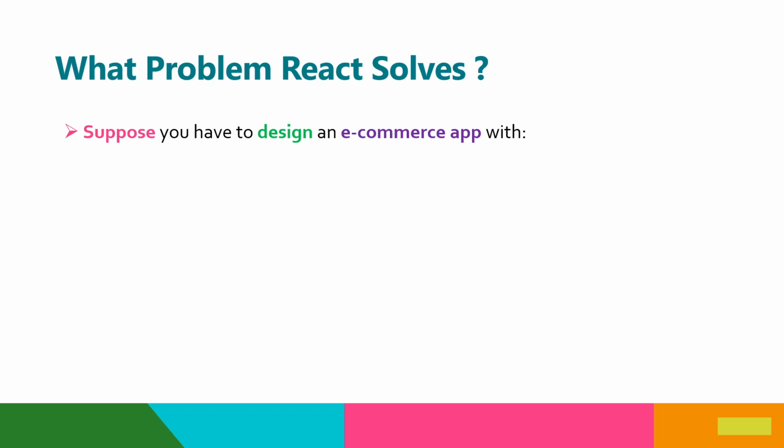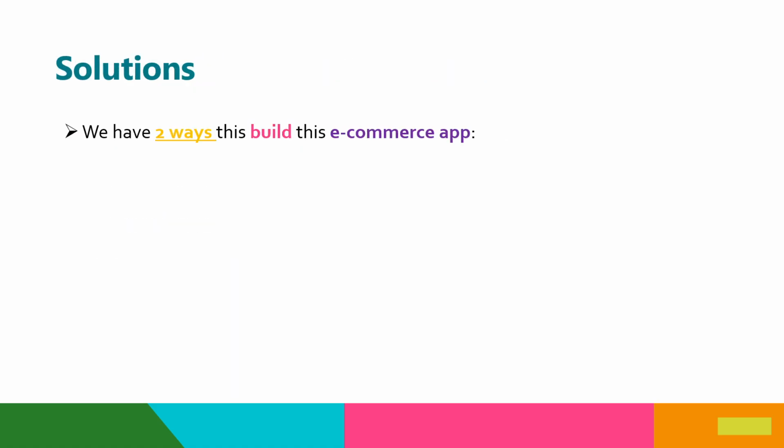Suppose you have to design an e-commerce app with a home page, search page, and product detail page. We have two ways to build this type of e-commerce app. A multi-page web application, which is the old approach, where we use HTML, CSS, and JavaScript.